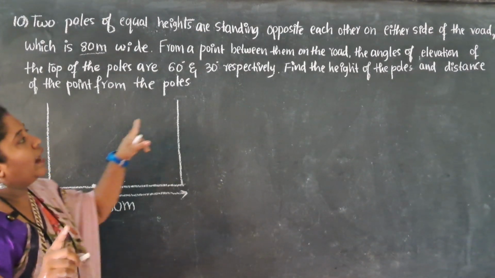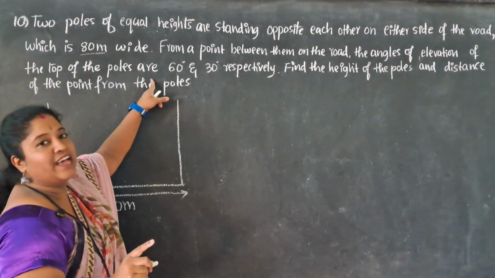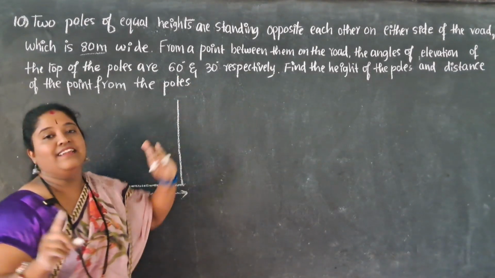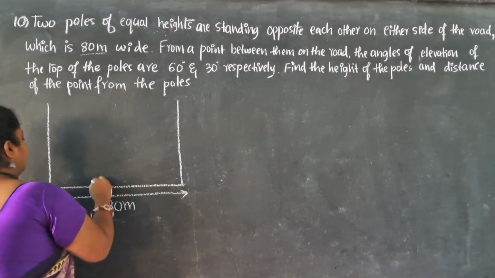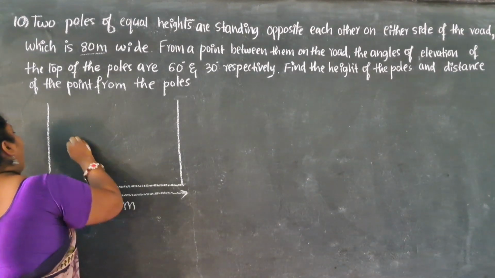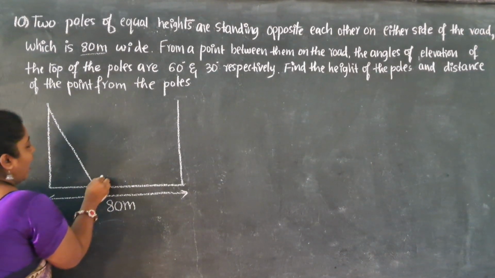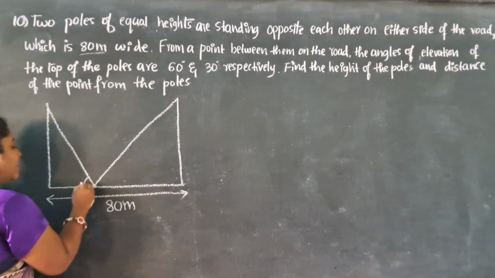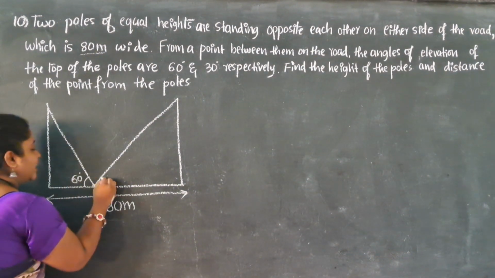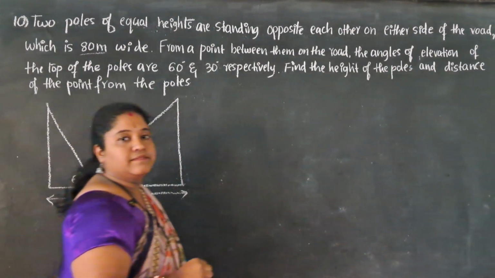Now the angles of elevation to the tops of the poles are 60° and 30° respectively. Means, from this point, if I draw the angle of elevation to the top of this pole and the angle of elevation to the top of this pole, the angles are going to be 60° and 30° respectively.